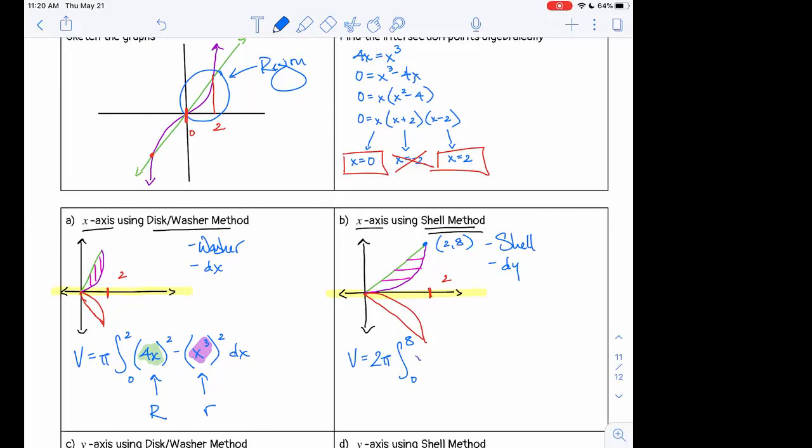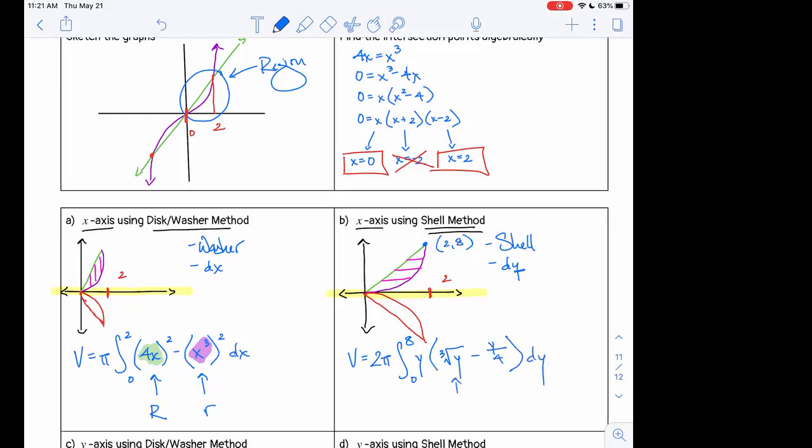My radius is going to be y because I chose dy. And the height is going to be a right minus left situation. So my right is going to be the cube root of y. And the left curve is going to be y over 4 dy. Okay?